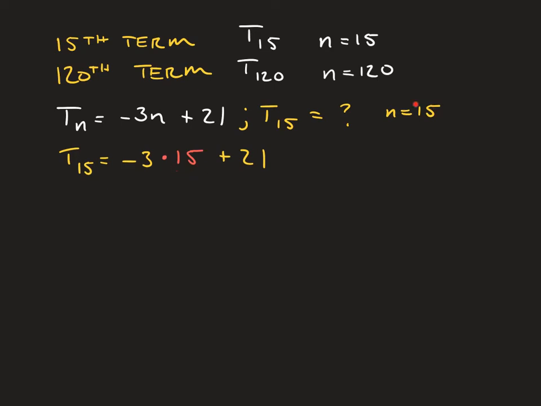So for n was 15, we put it right here next to the minus 3, and we need to multiply. And when we multiply, we get minus 45 plus 21. Combining those together, we're going to discover that T15 is equal to minus 24. Again, be very, very careful with your integers.